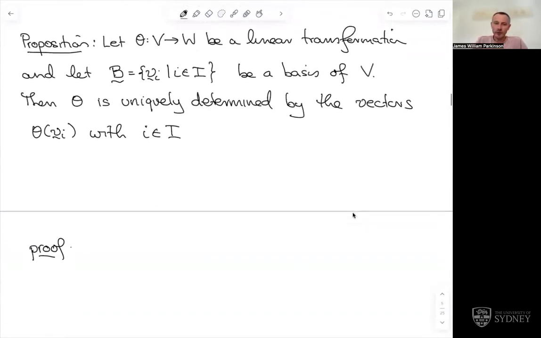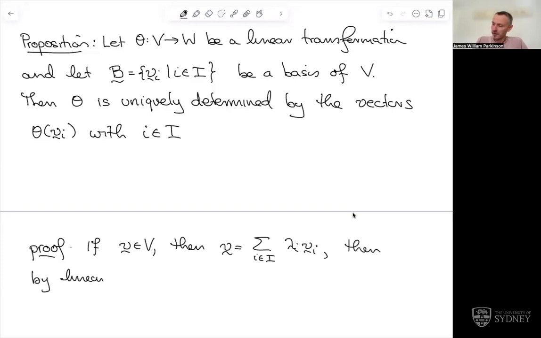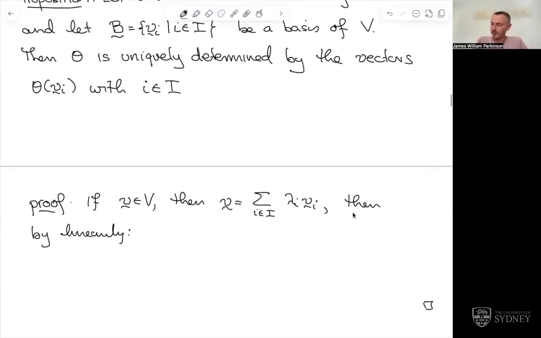So for the proof, it's exactly what I said. If v is in V, then v can be written as the sum of lambda_i v_i, with lambdas. Then by linearity of theta, we have theta of v equals the sum of lambda_i theta of v_i. Really, what I'm doing here is a big induction that I'm never going to write out formally.